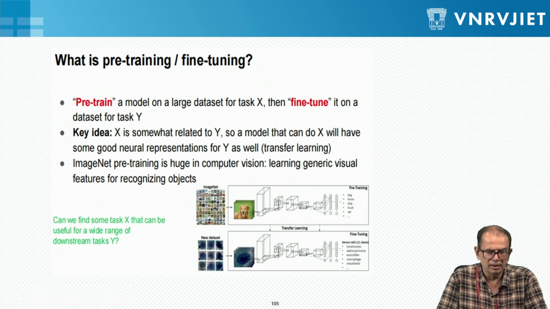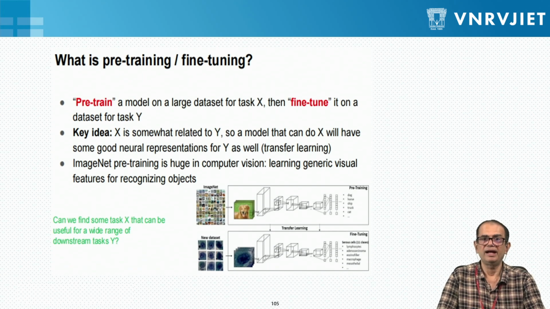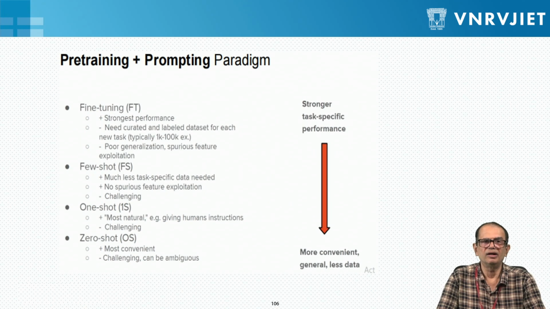Now when we say pre-train on a large data set for data X, then we fine tune it on a data set for task Y. Like the example from the medical domain, we need to pre-train our LLM on global data for health, but we need to fine tune it for the disease in Africa. We can do that, and that is basically what we need to do.